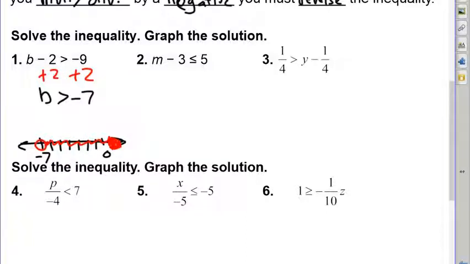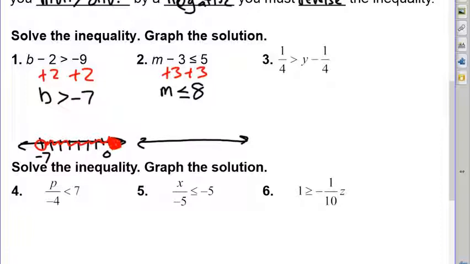Number 2, m minus 3 is less than or equal to 5. Our first step to get m by itself, we'll add 3 to both sides. And we get the new equivalent inequality, m is less than or equal to 8.